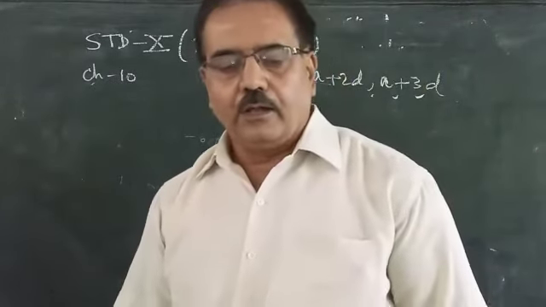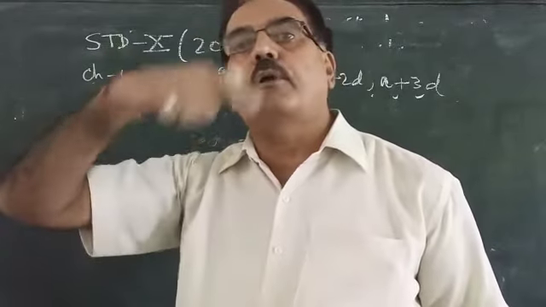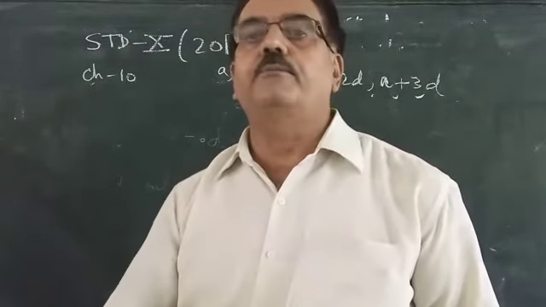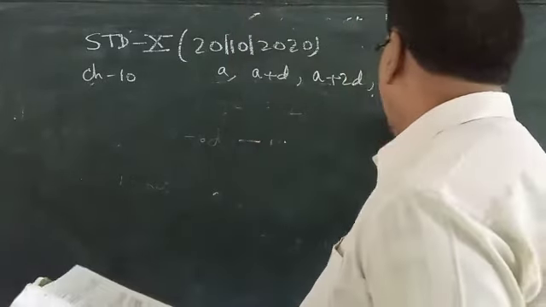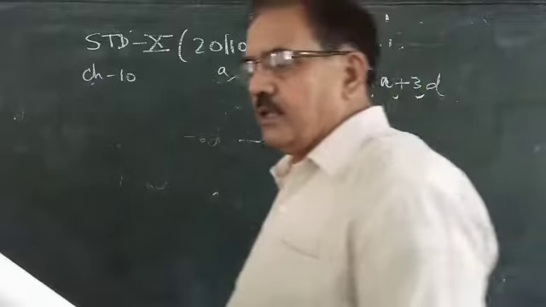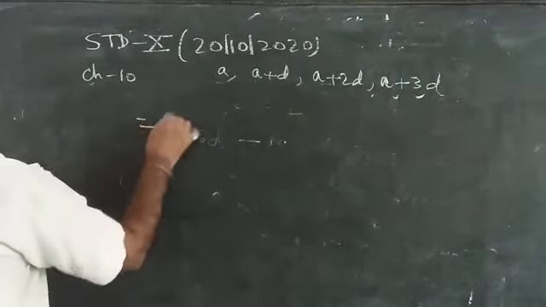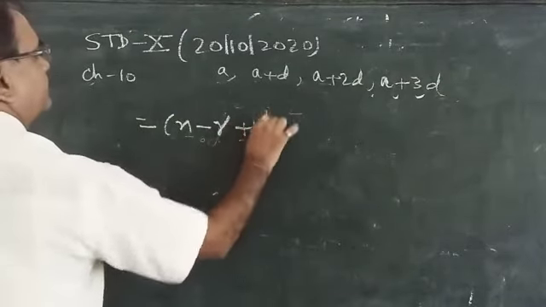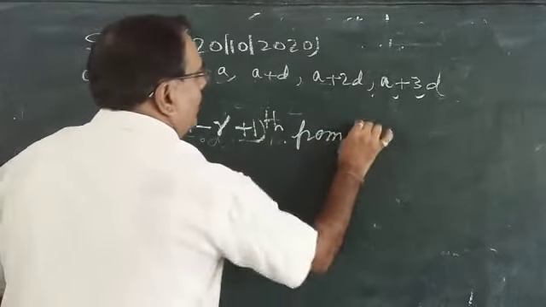I will explain it. Now, when you have to find the nth term from the end, listen here, nth term from the end, not from the beginning, from the last you have to find anything. So the formula is n minus r plus 1 from the end.